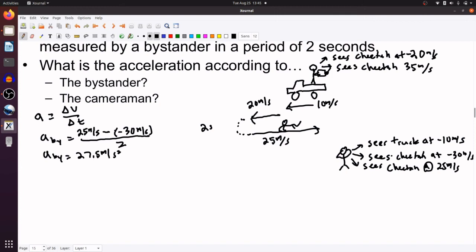Okay, well, let's do it for the cameraman. So a-cam, or just a-c. Just a-c. I don't want to write out any more letters. All right. So according to my notes up here, sees cheetah at 35 after the turnaround. Initial sees cheetah at negative 20.